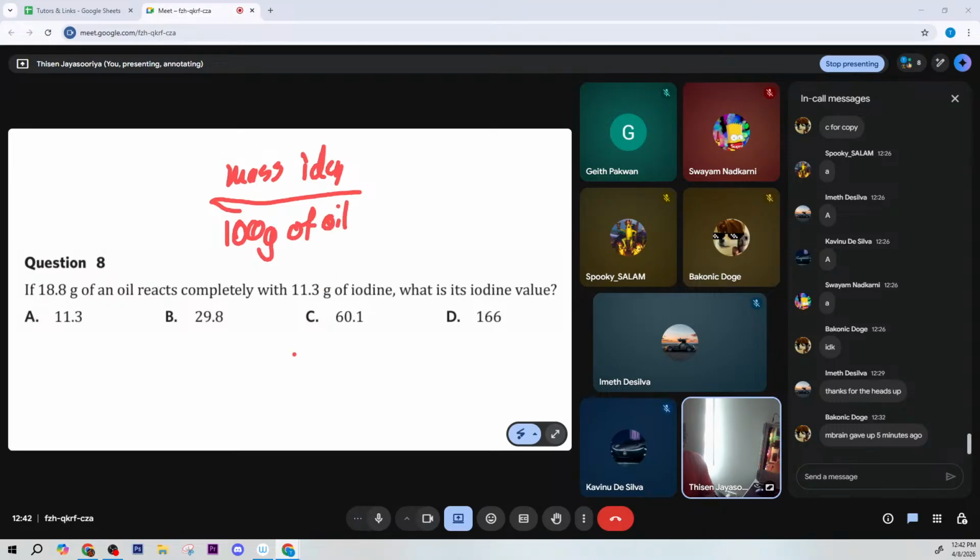So what do you guys think it is? A, B, C, or D?